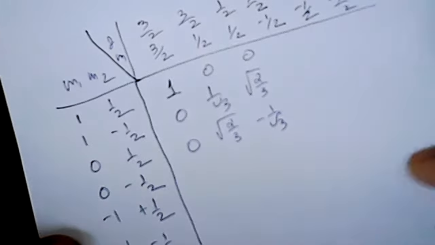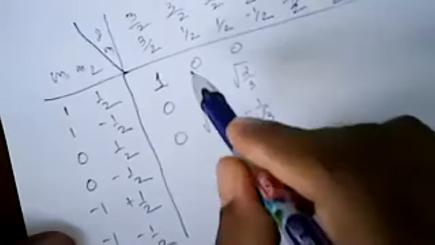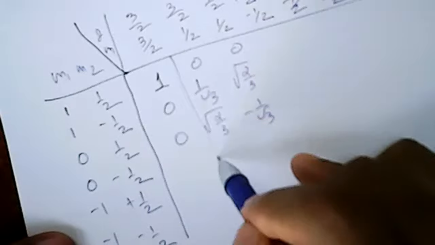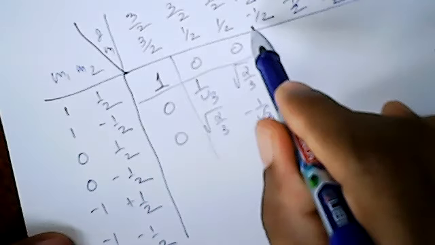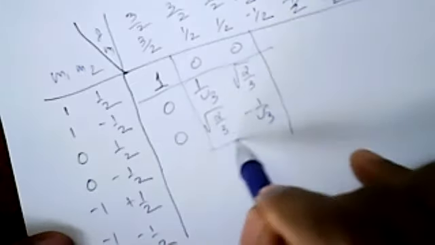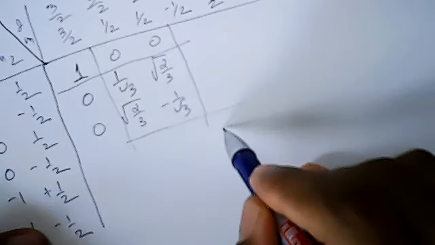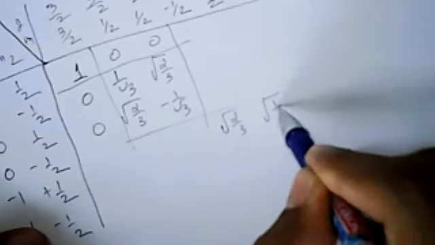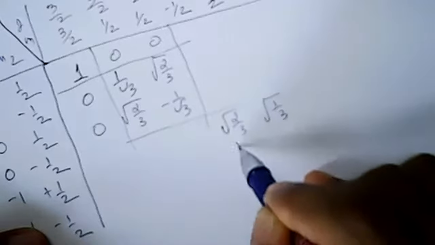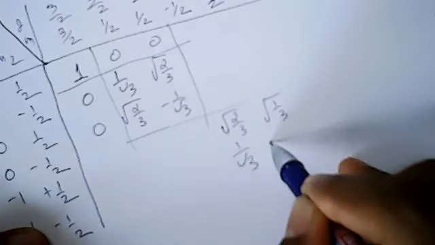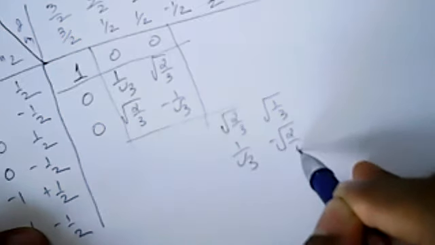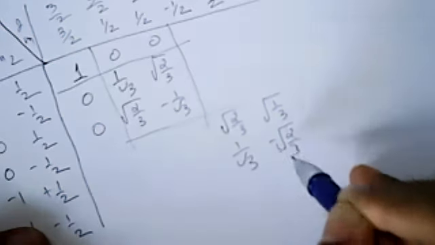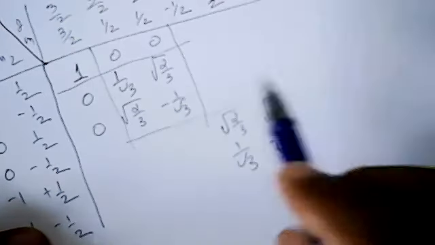The next block is also a matrix, because symmetry should be maintained. So this is a block diagram. Next will be this block: root of 2 by 3, root of 1 by 3, or 1 by root 3, minus root of 2 by 3.